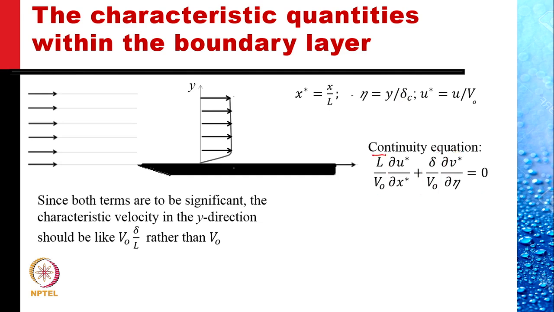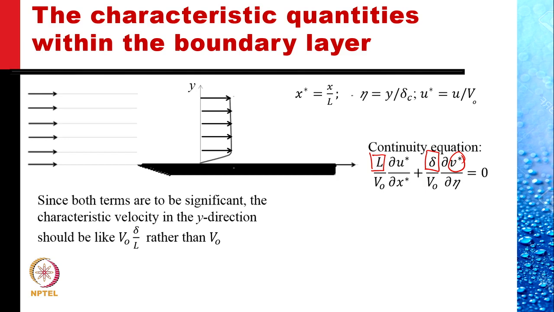Since L is different from delta, these two terms cannot be equal unless we have made a mistake in normalizing V star. And that is what has truly happened.